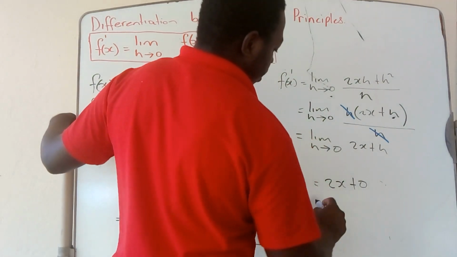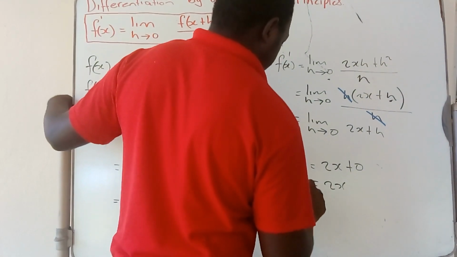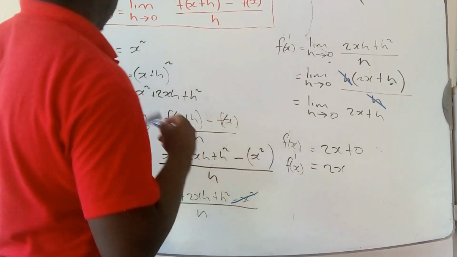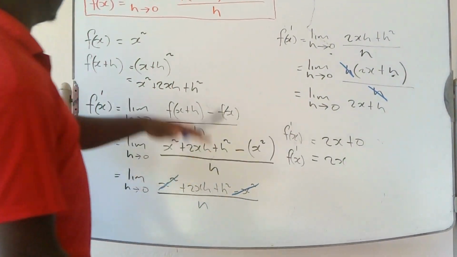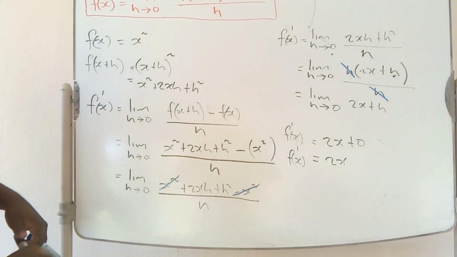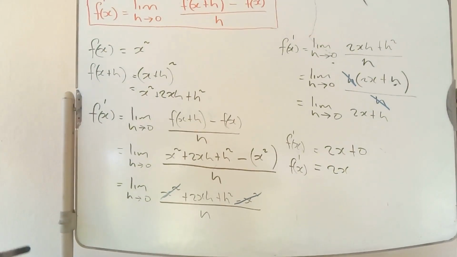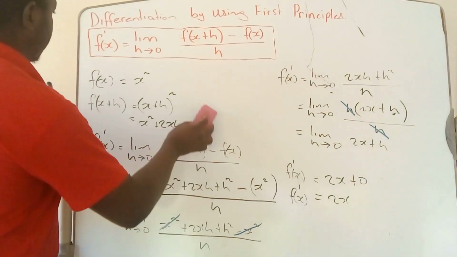But what is 2x plus 0? That is just 2x. So therefore the derivative of x squared is equal to 2x. And that is how you would use the first principle to differentiate a function. Alright? So now we are going to look at another example.